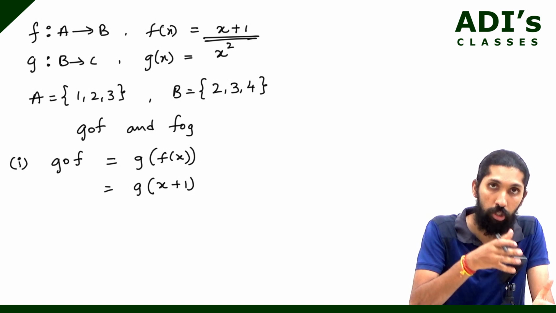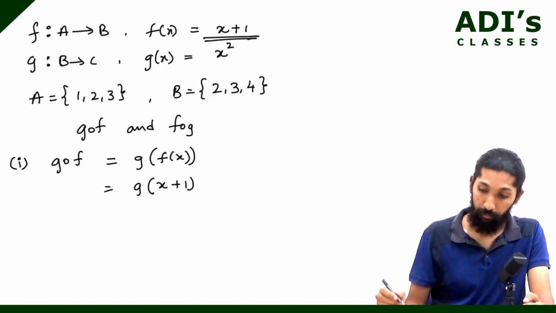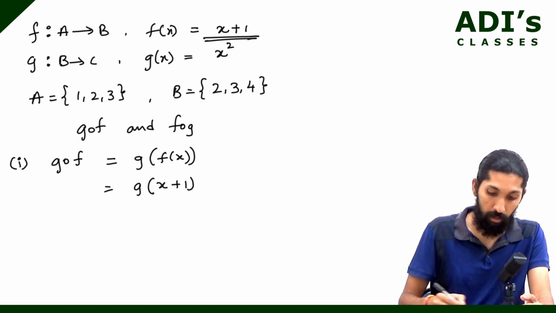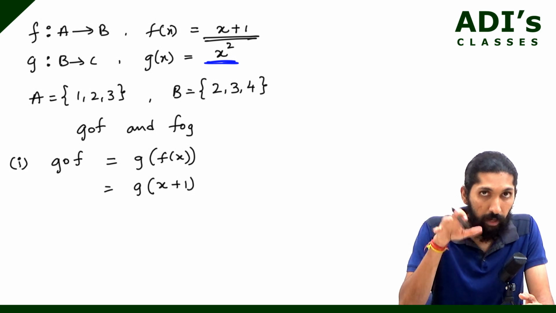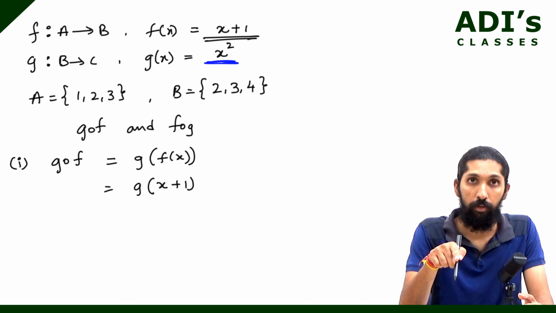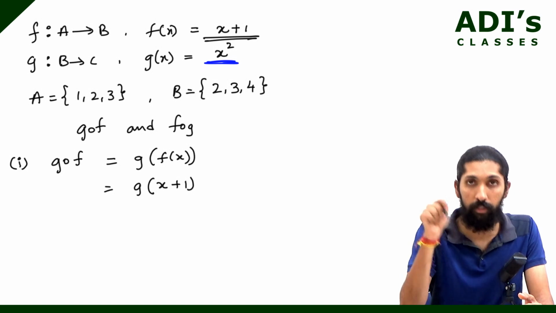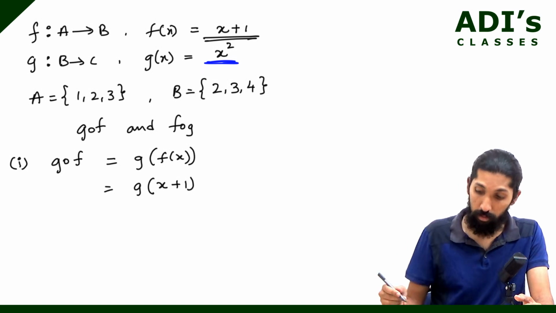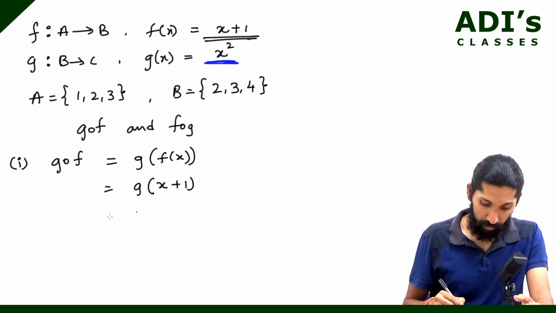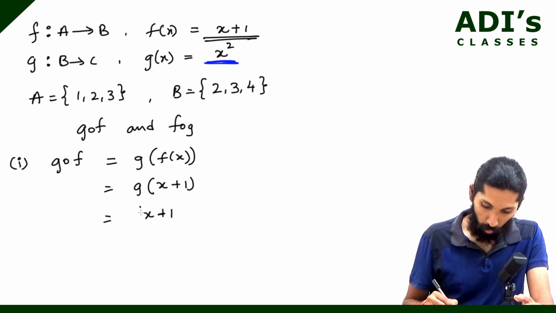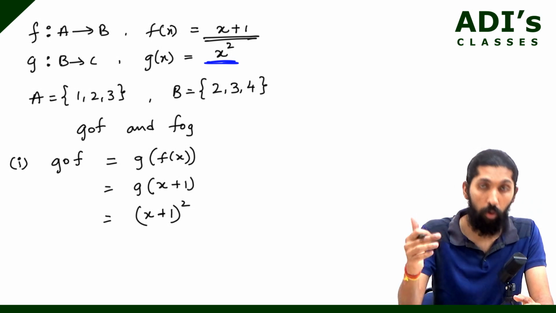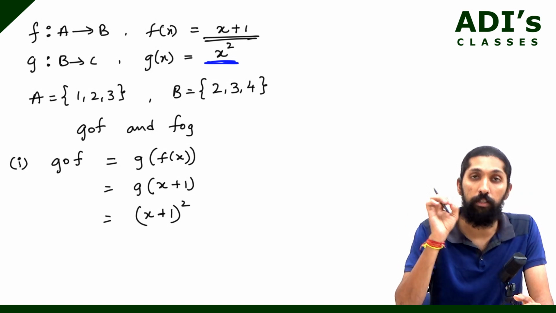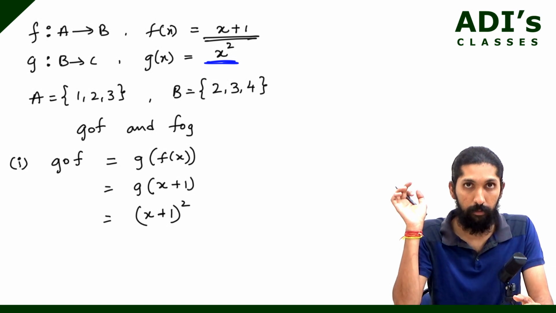Now g of x is x square, but in place of x, you have x plus 1, correct? So we get x plus 1 whole square. This is going to give us g of f of x.